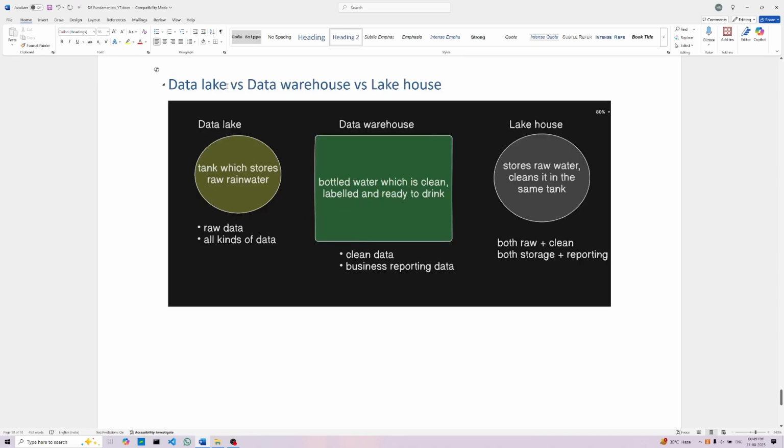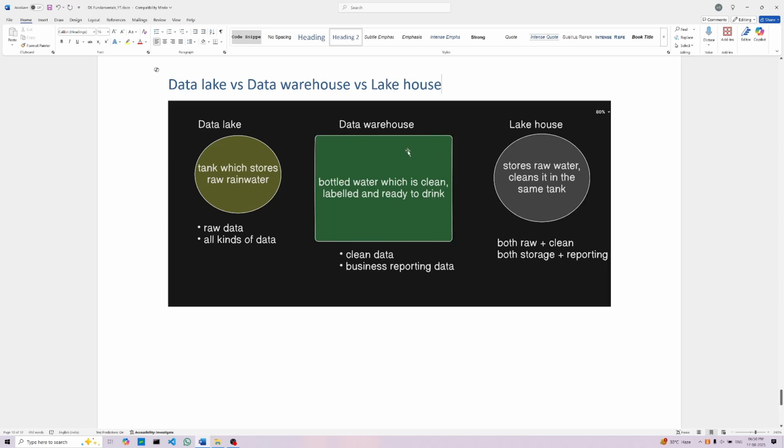Now next is data lake versus data warehouse versus lake house. Okay, so again let's take the example of tanks, water tanks. So the tank which stores raw rainwater, that will be data lake. Okay, so the tank which stores clean water, then we will put it in a bottle and then we will label it and then it will be ready to drink.